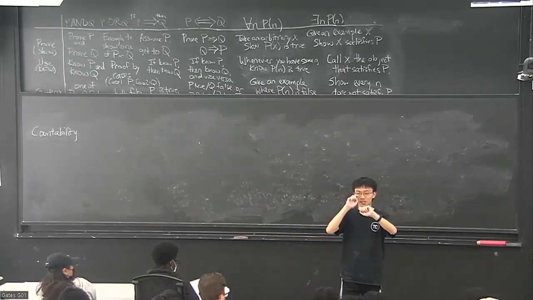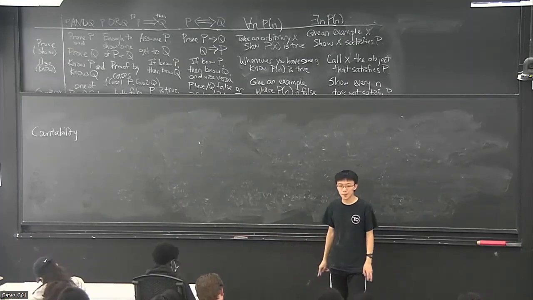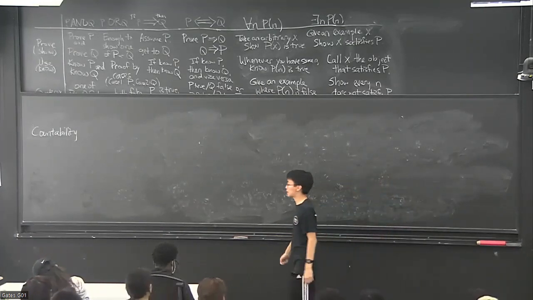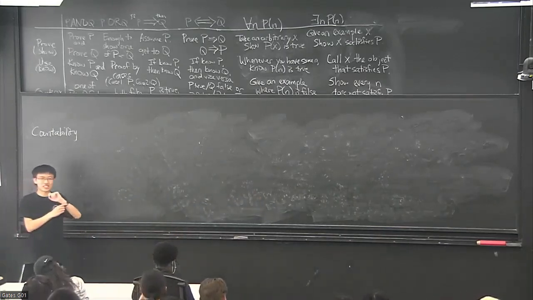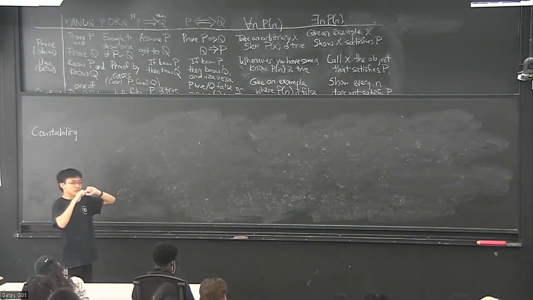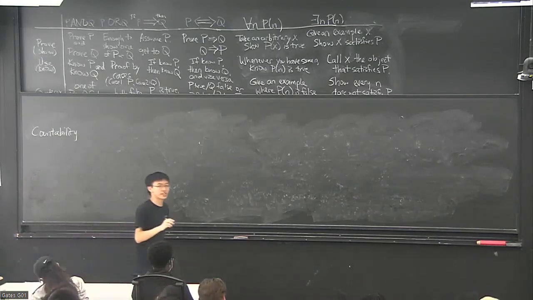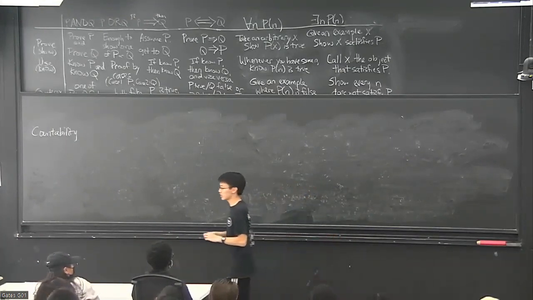The notion of countability is we want to see whether our sets have the same size as the naturals. In order to talk about the same size, in finite sets it's pretty easy to say what it means for things to be the same size.